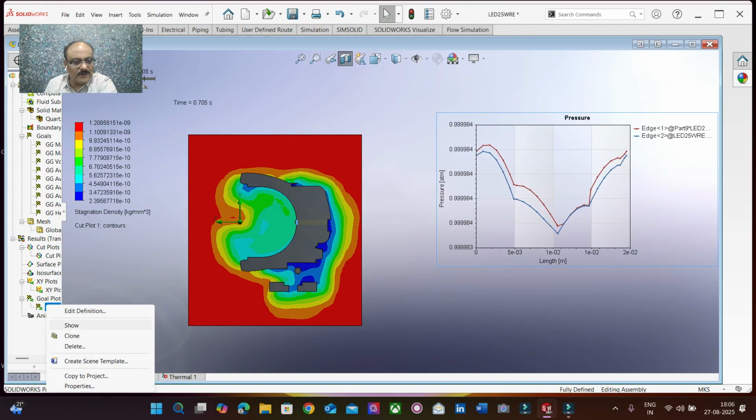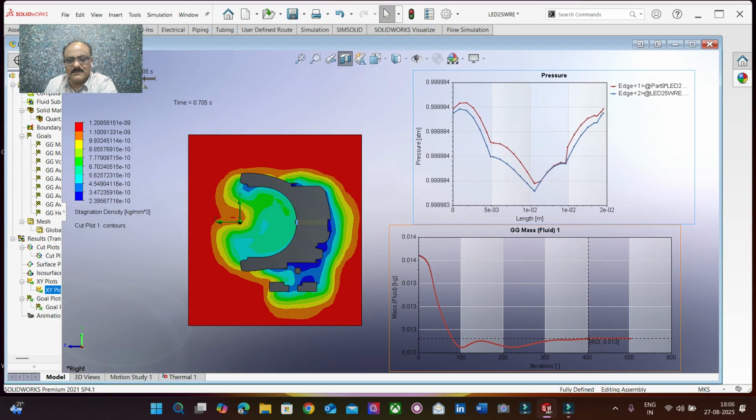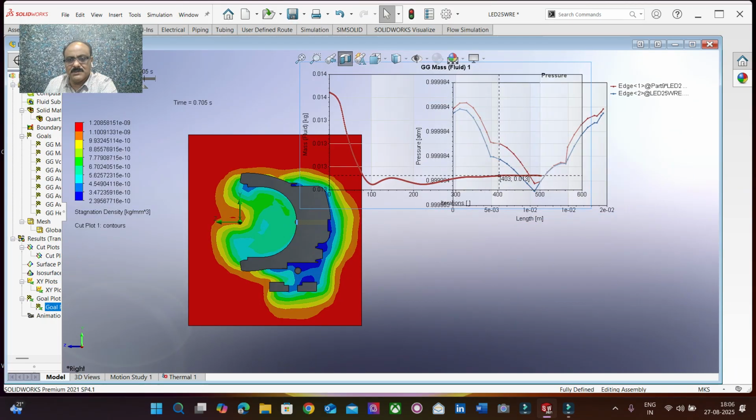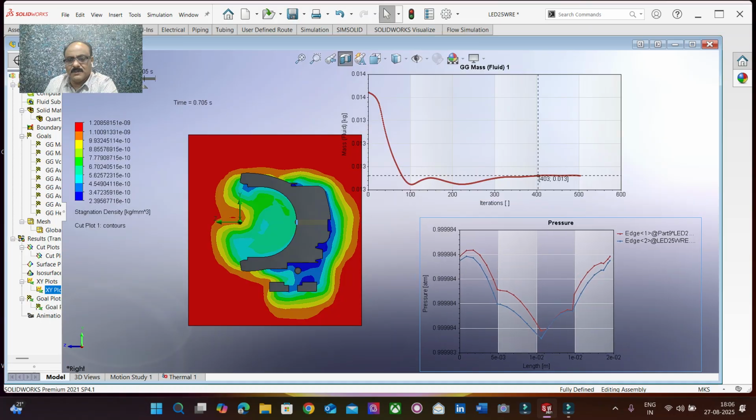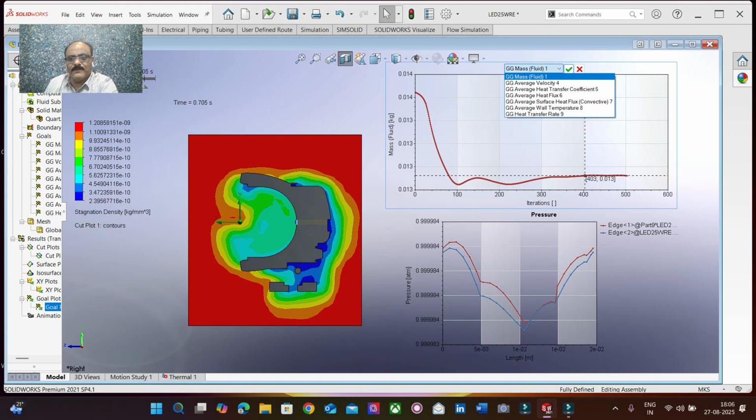Now we have plotted the goals also, and we'll be able to find out how the goal is going to change. Now let's find out the average mass. This is the mass change, the fluid mass.